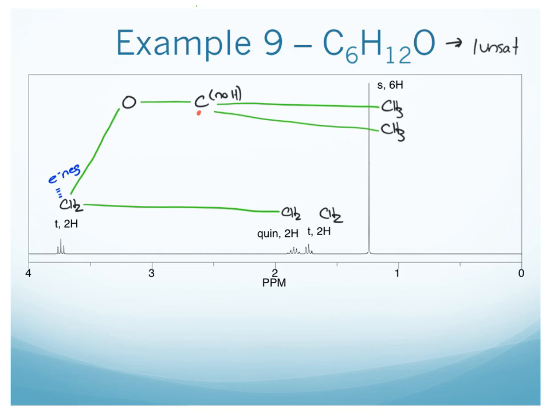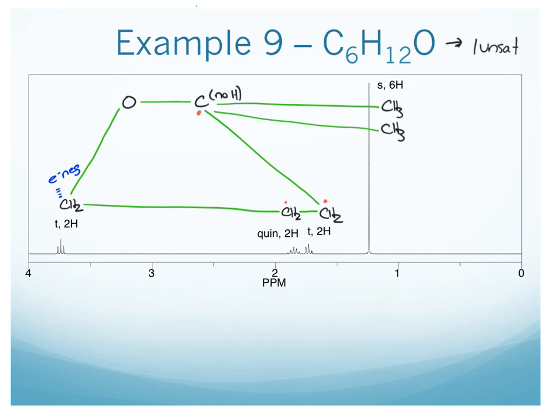Okay, so where do we still need to make bonds? This carbon still needs a bond. This CH2 still needs a bond. This CH2 still needs a bond. Well, if you were to connect these two up, you would leave out one of the CH2s. So why not connect those and connect that?